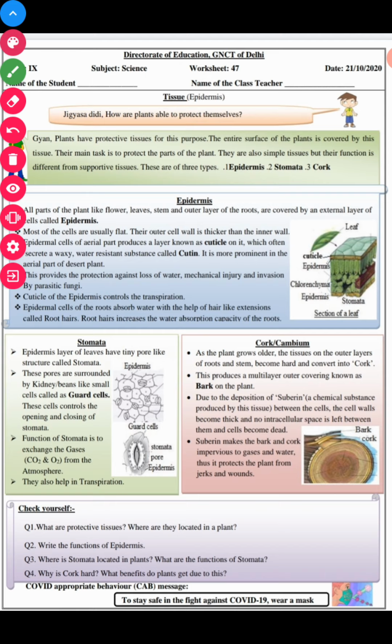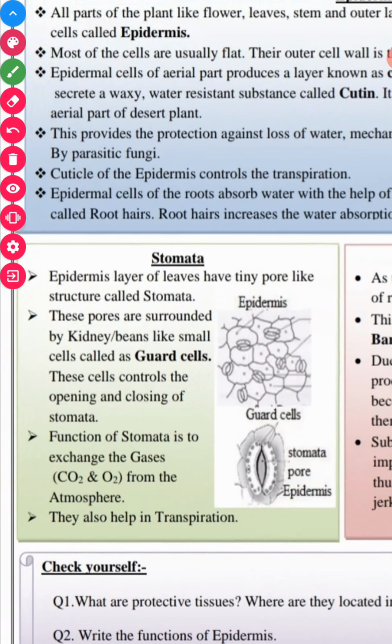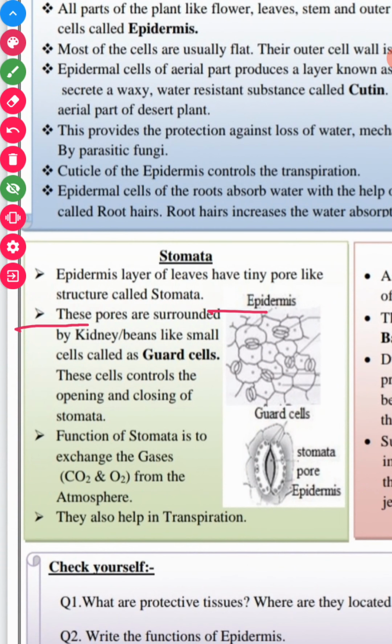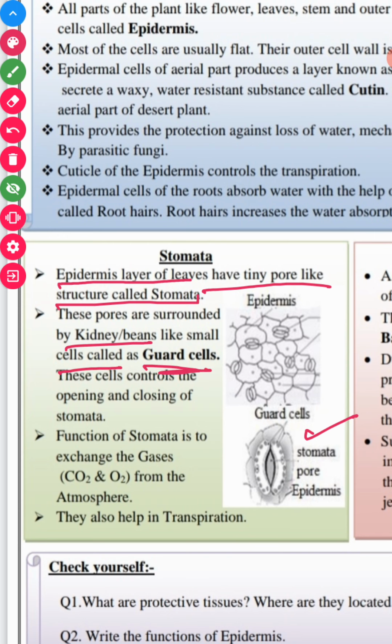Now let's see about the stomata. Stomata are present on the lower epidermis of the leaf. The epidermis layer of the leaf has tiny pores called stomata. See the structure. These pores are surrounded by small kidney bean-like cells known as guard cells.